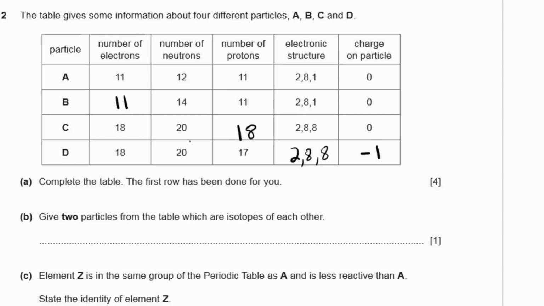And remember, isotopes have the same number of protons, but different numbers of neutrons. So we look at this and say, oh, these 2 have exactly the same number of protons, but their number of neutrons are different. So that means 2 particles, that would be A and B. There we go.